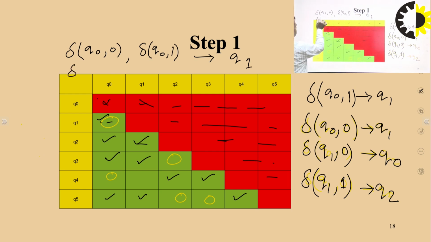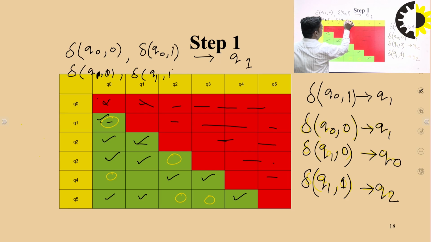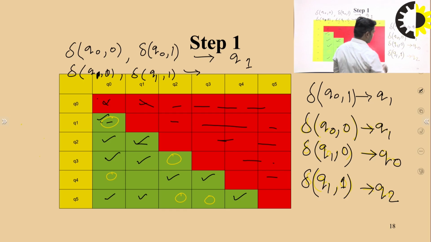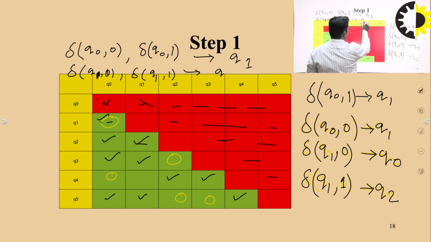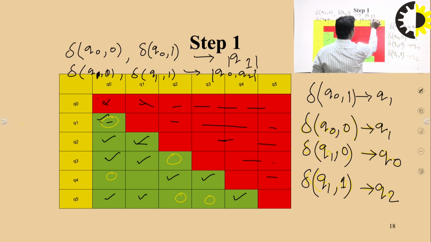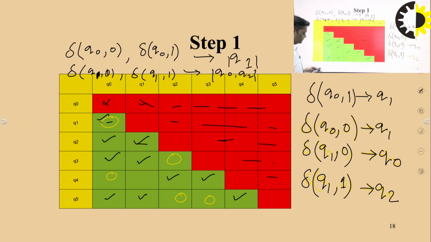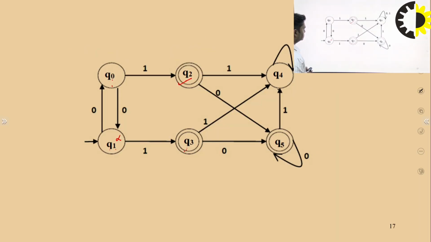When transition Q0 1, comma, transition Q1 0 and Q1 1: Q1 0 gives Q0 and Q1 1 gives Q2.